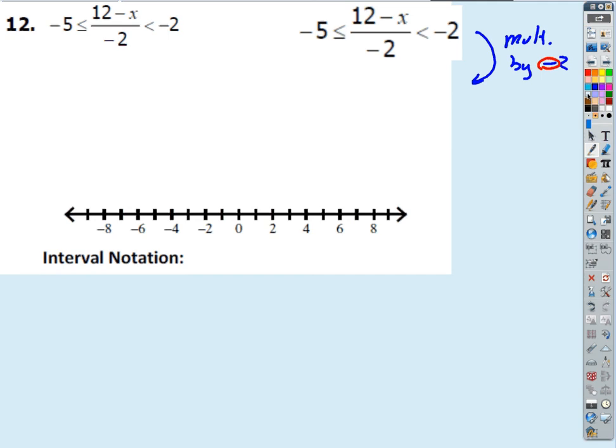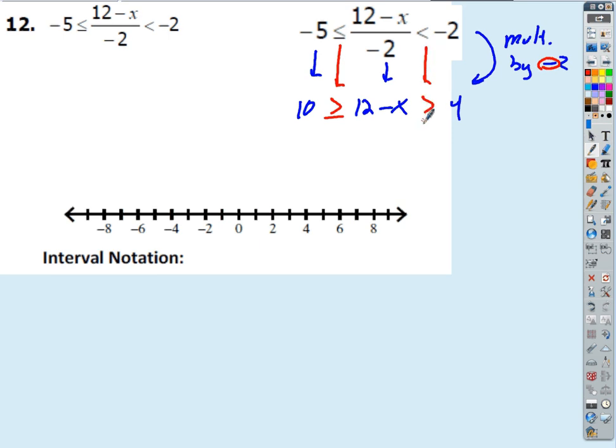So what am I going to get here if I multiply by -2? Positive 10. Here it's going to cancel the -2, and I get 12 minus x. And here I get 4. Okay. Oh, we got to be careful about it. Have to flip the sides. Okay.